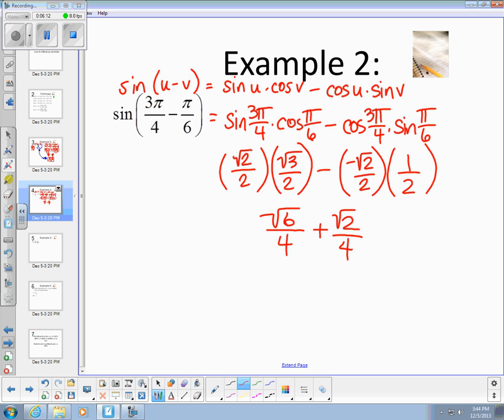They have a common denominator, but you cannot add it on the numerator again because the radicands are different. I can write it as one big fraction, square root of 6 plus the square root of 2 all over 4. And that will be my answer.